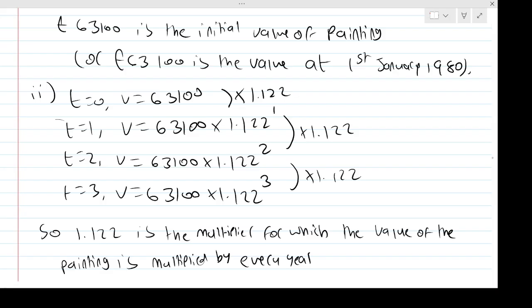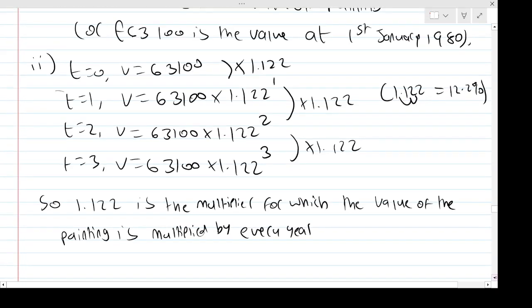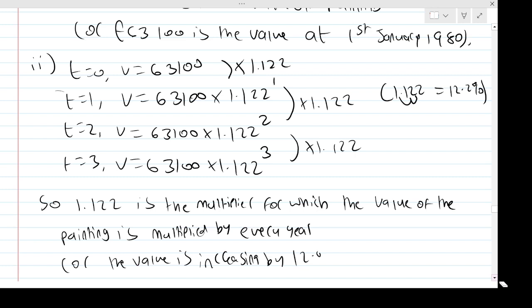Also, you could also visualize this multiplier in terms of percentage increase, right? Think back to GCSE. Actually, 1.122 as a percentage, if we times by 100, right? Move it 2 points forward, that'd be 12.2%. So actually, alternatively, you could say the value is increasing by 12.2% each year, every year. Okay, and they're the same thing. So as you can see here, hopefully you just see it's a multiplier, right?